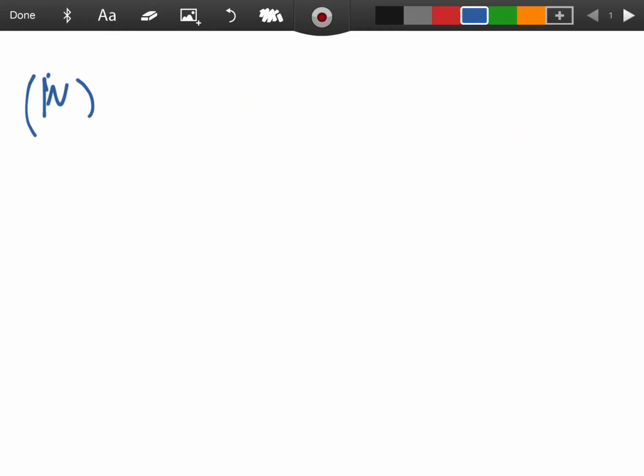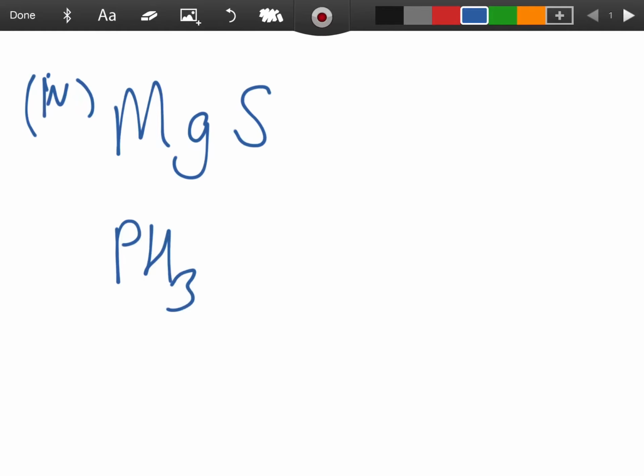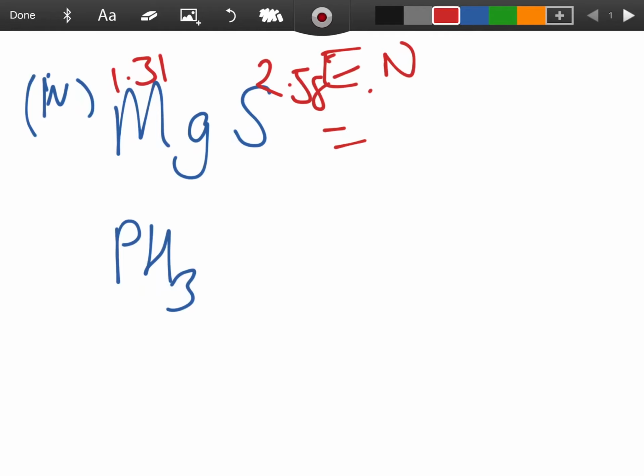Now, comment on the nature of bonds that you would expect to find in MgS and phosphine. Now, nature of bonding, lads, you need to look up your table of electronegativity values. When you do, magnesium has a value of 1.31 and sulfur has a value of 2.58. When you subtract those values, look, you get 1.27. So what category does that fall into?